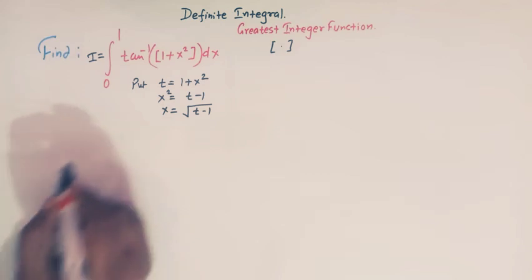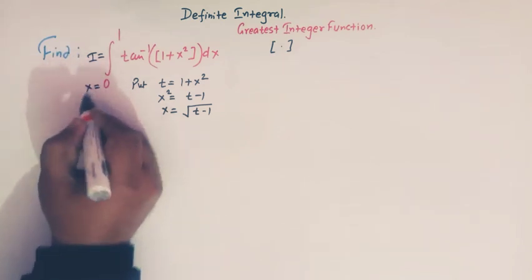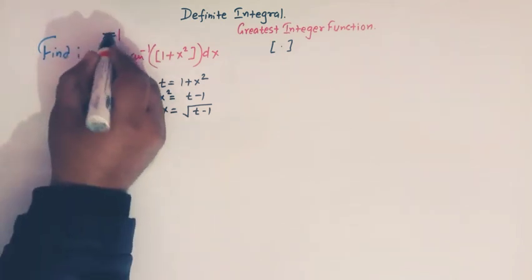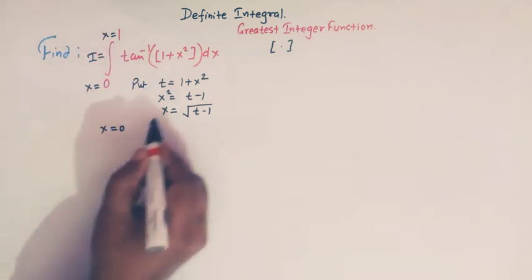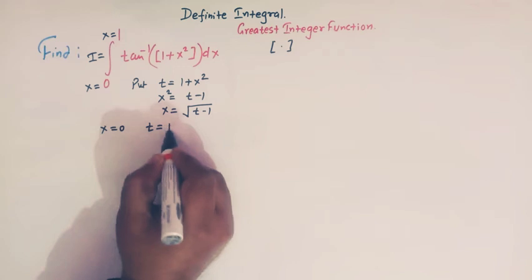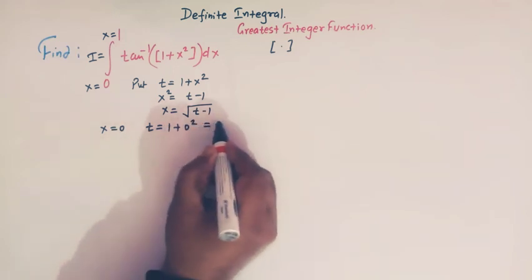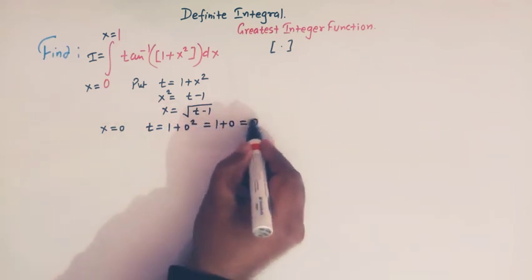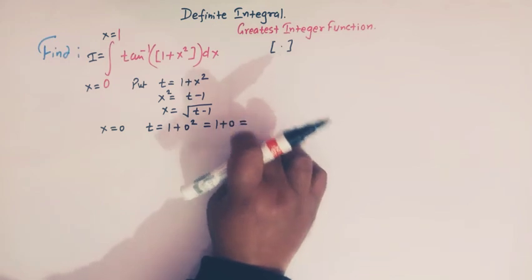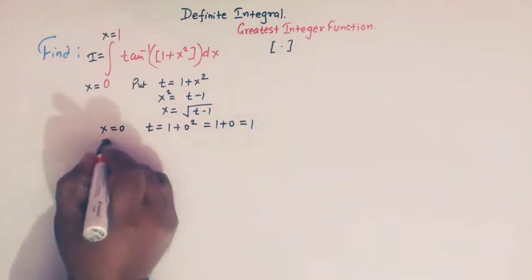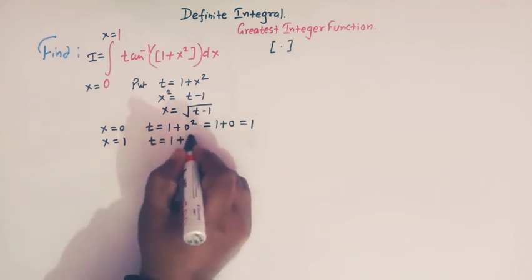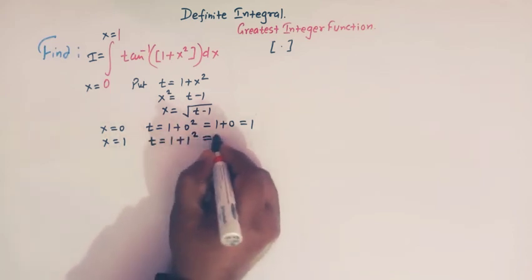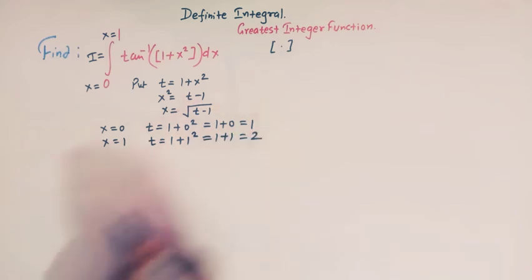And we'll also change the limits. Here x varies from 0 to 1. When x is 0, then t is 1 plus 0 square, that is 1. And when x is 1, then t is 1 plus 1 square, that is 2.